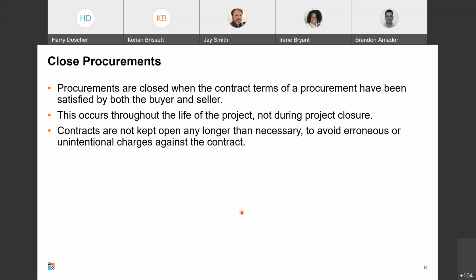You don't want any extraneous charges against the procurement contract, and you don't want any unintentional charges against the contract. And as they say here, it occurs through the life of the project and not just for project closure, and you can extrapolate this to phase also. So whenever a contract is satisfied by both sides, you pay it, you terminate the contract then. You close the procurements.